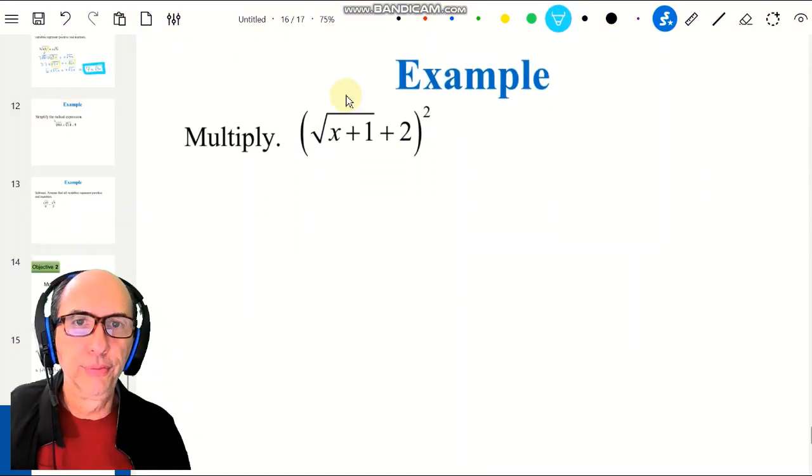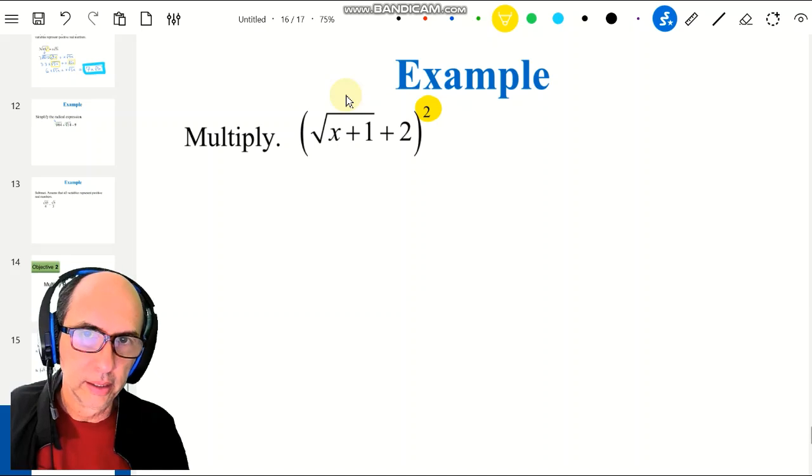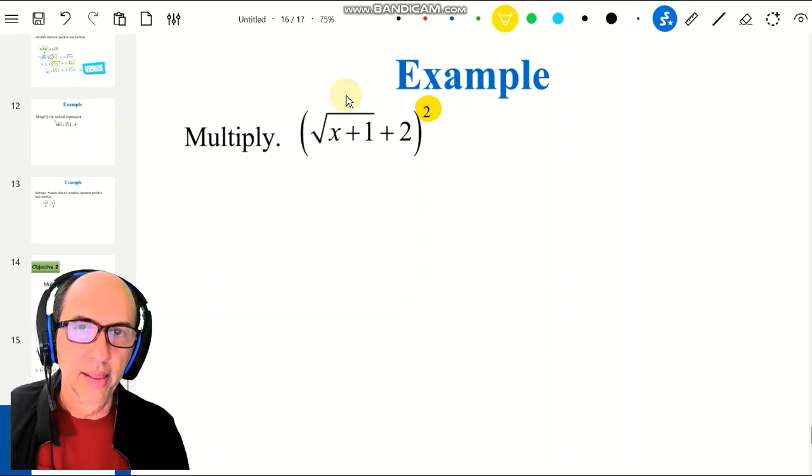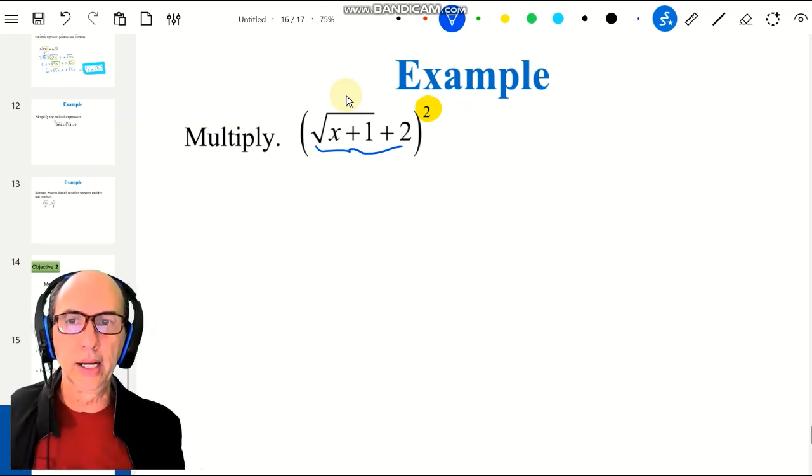If you find a question with the parentheses and the square right here, that means this whole thing is squared. You're going to multiply this whole thing by itself.